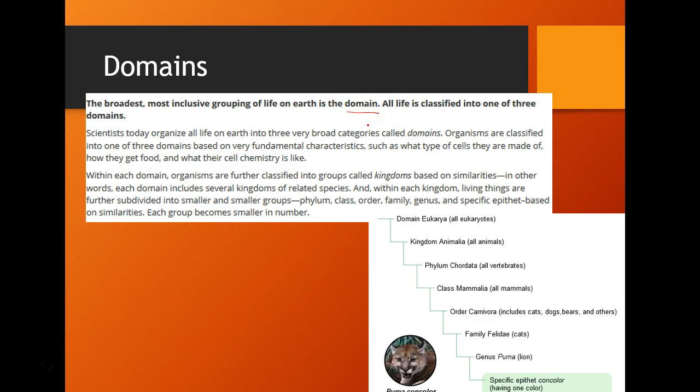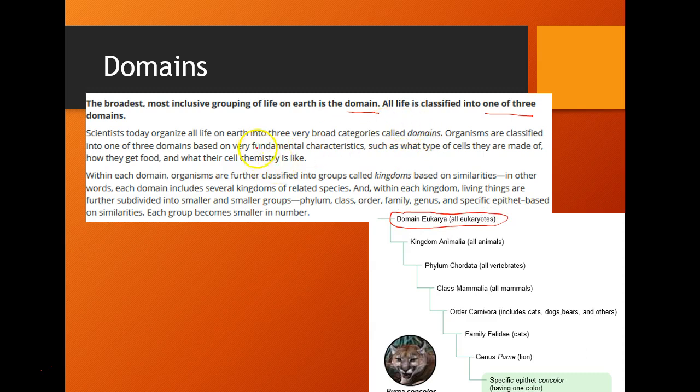Just like when we were talking about all the things in the room, that was the most broad characteristic, where we had things like clothes, music, paper, etc. That would be the same thing as the domain. All life is classified into one of three domains. It is the most general characteristic.